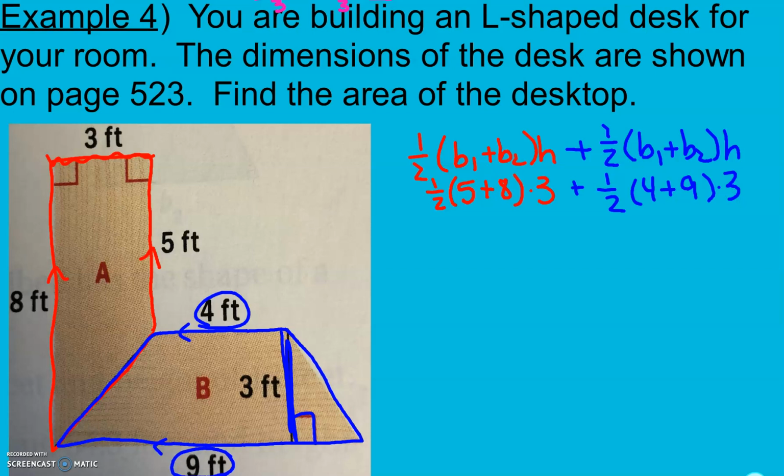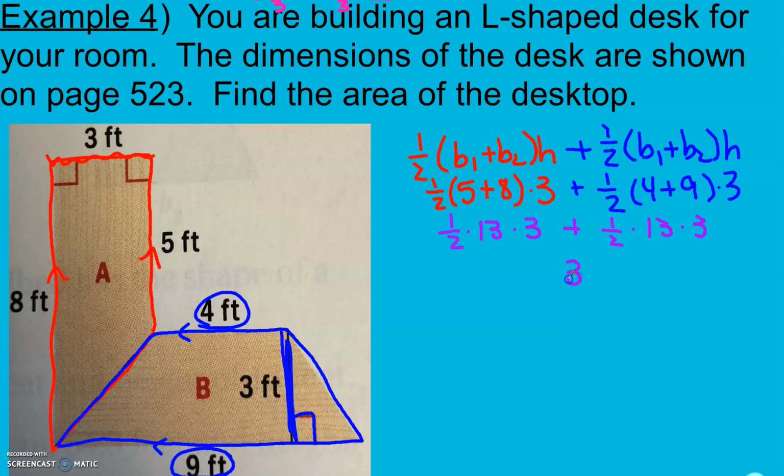So if you want to type this all in your calculator at one time, you sure can. But we can simplify first too. Here I get half times 13 times 3 plus half times 13 times 3, which is just going to give me half plus half is 1.